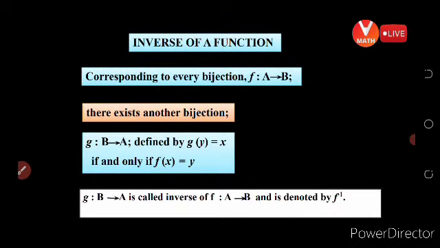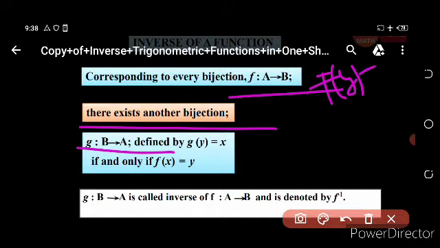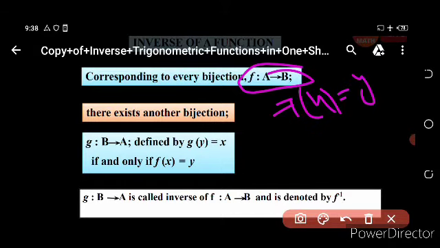So here the only difference is the function here is from A to B, so the inverse of this function, that is, every bijection has an inverse, but the converse is not true. There exists another bijection, that is, a function from B to A, defined by g of y is equal to x. We know that for a function f from A to B, f of x is equal to y, so y is equal to f of x.